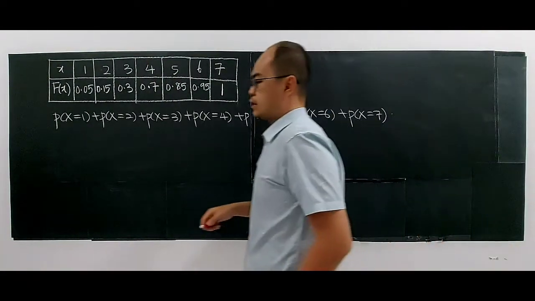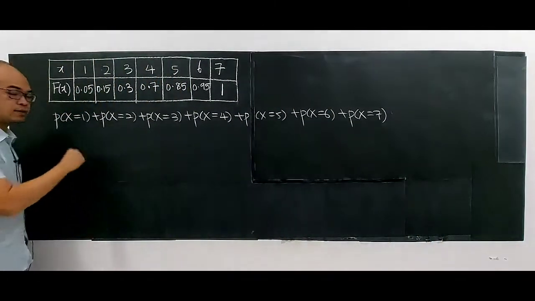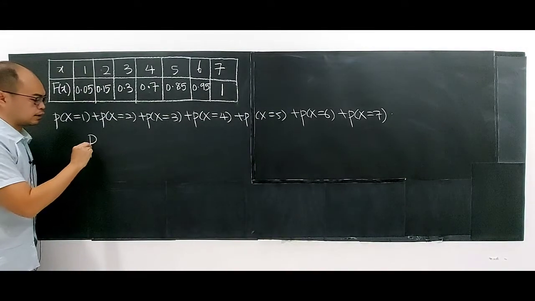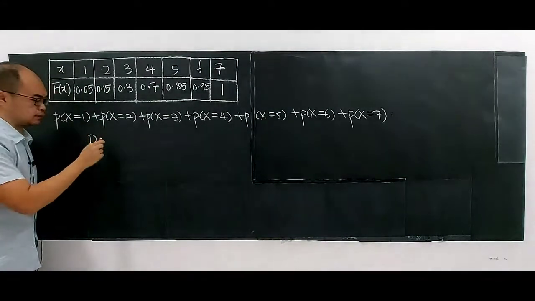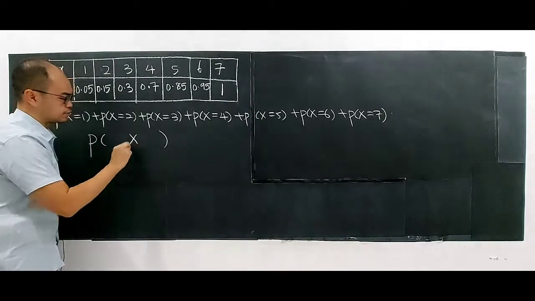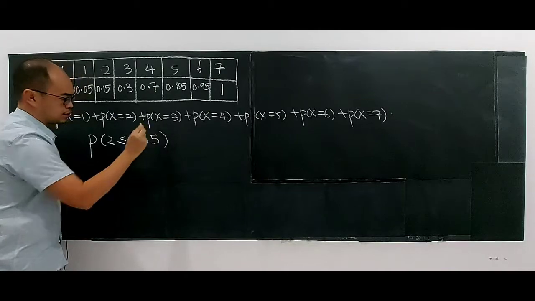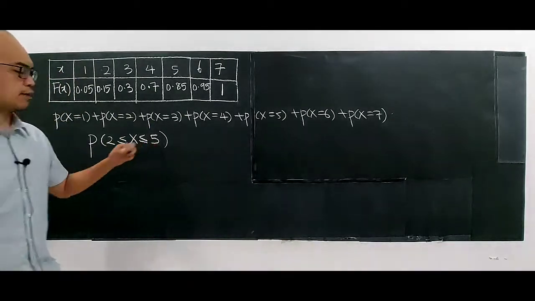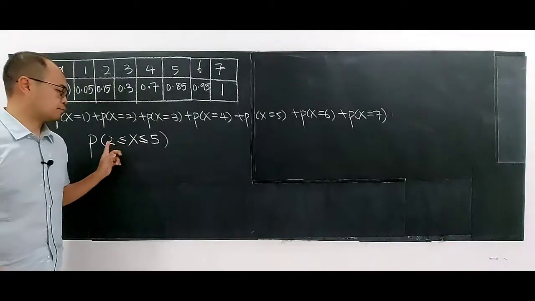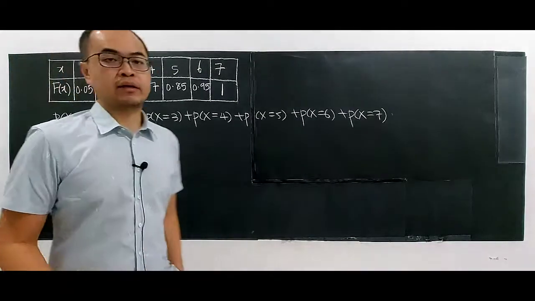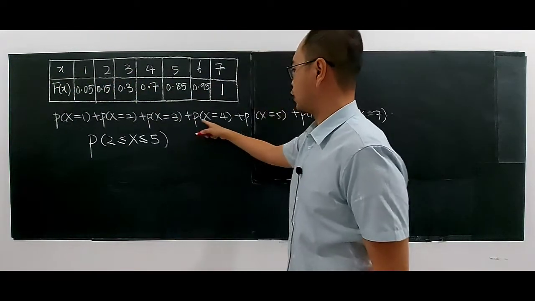So let's say the question is asking you to find the probability. I give you various cases so that you can understand the situation better. Let's say you have x between 2 and 5, for example. What is meant by 2 to 5? Inclusive, right?